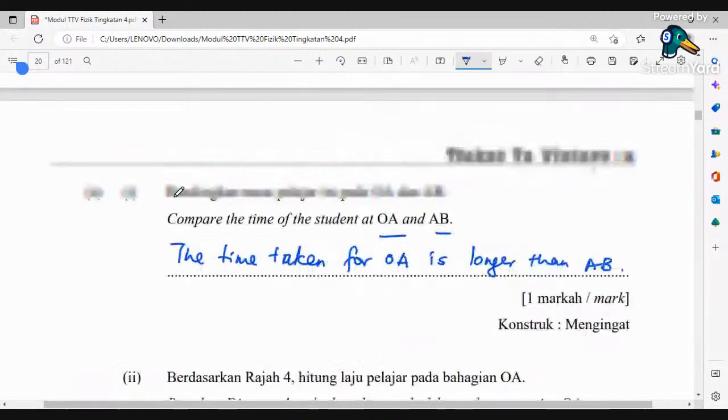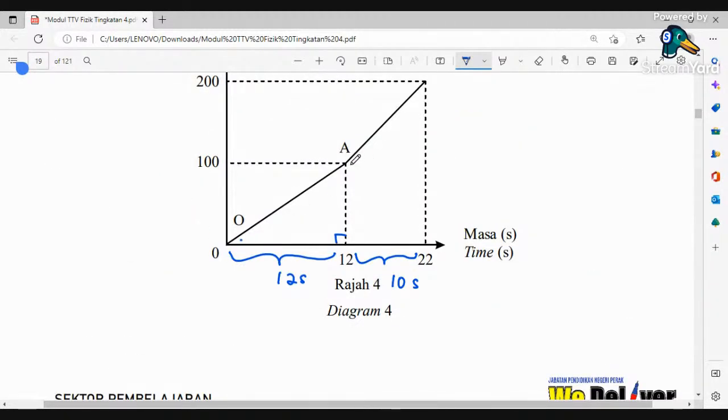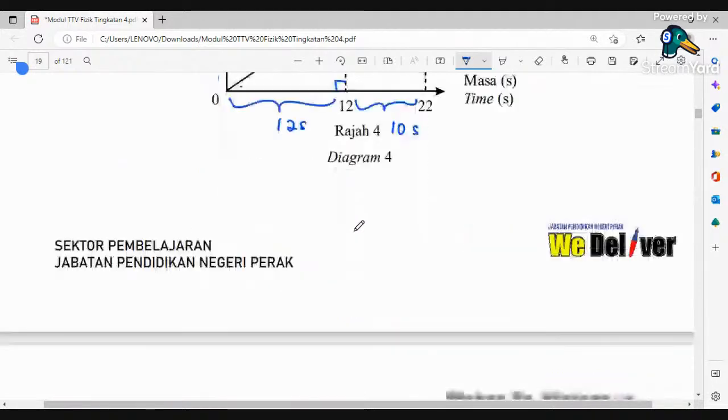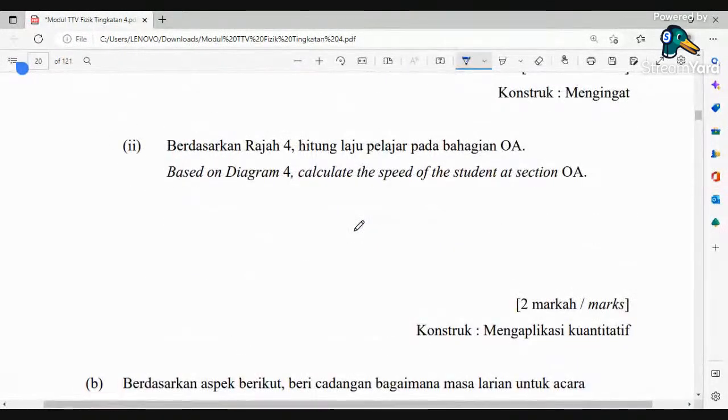Okay, so kita nak calculate dia punya bahagian ni. 100 divided by 12.